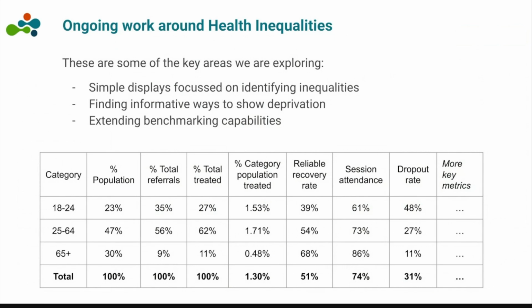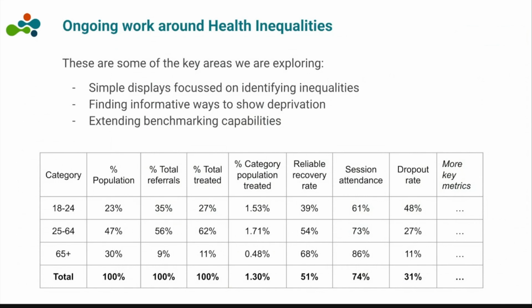Moving on to our ongoing work around health inequalities. Some of the key areas that we're looking into are producing simple displays, which focus on giving you the information that you need to compare, because most analysis is about comparing different things. We don't want you to have to get information from lots of different sources. We're trying to pull it all together so that you can see it in one place.